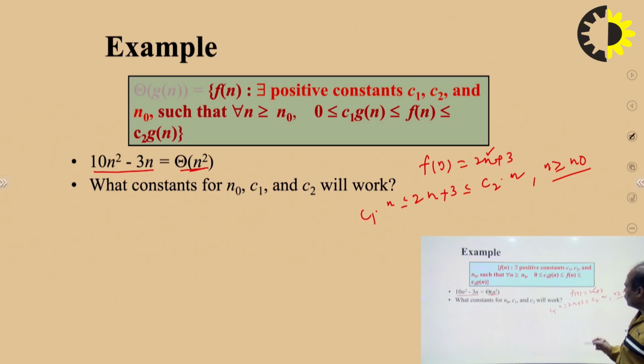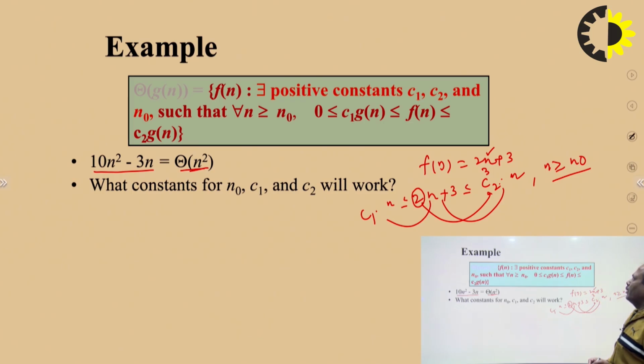You have to satisfy both the upper and lower identity, so you can choose c1 and c2. Whatever constant it has, you just increase by 1, so it is going to be 3n. Whatever n naught you choose should work for both.